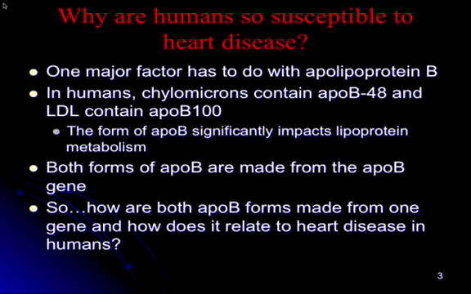One major factor that has to do with heart disease is apolipoprotein B. In humans, chylomicrons contain ApoB48, and LDL contain ApoB100. The form of ApoB significantly impacts lipoprotein metabolism. Lipoproteins that contain ApoB48 are cleared faster.